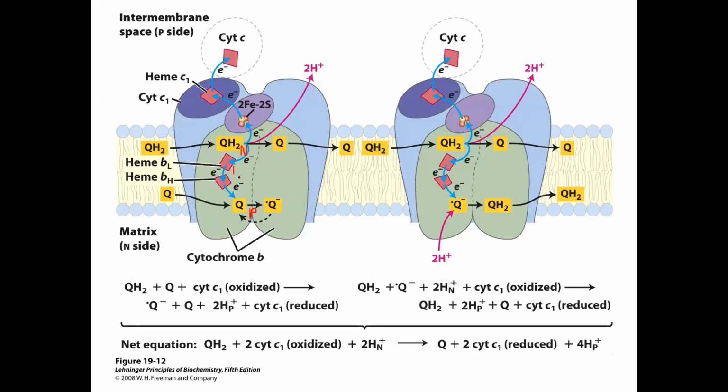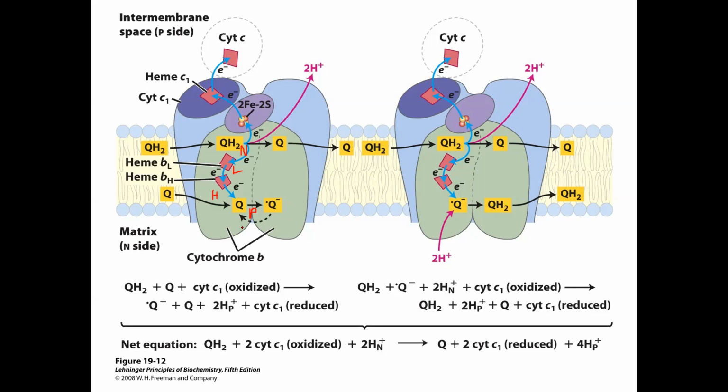Okay, so P, this is the low potential here. This is the high potential B-type cytochrome here. Low, high.